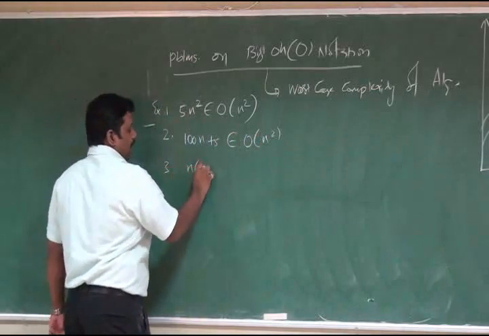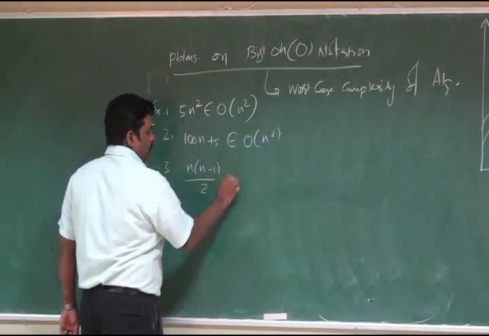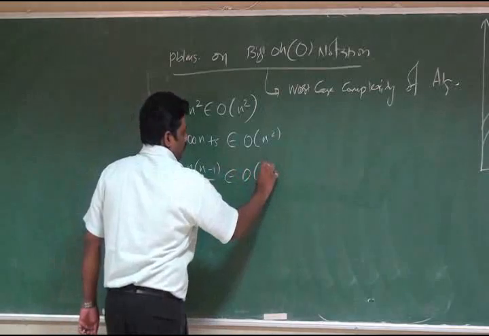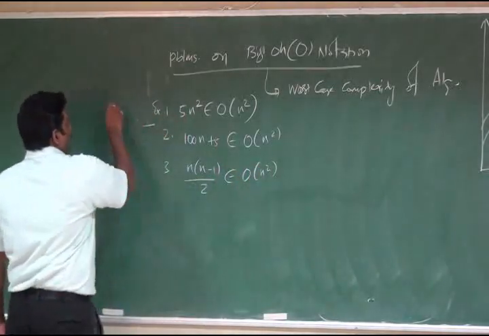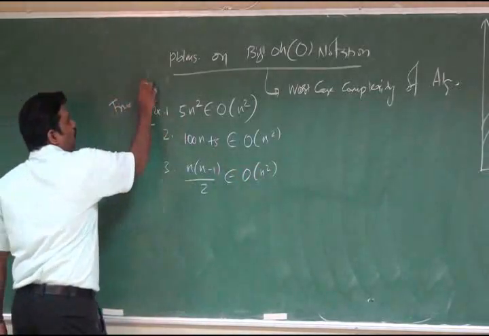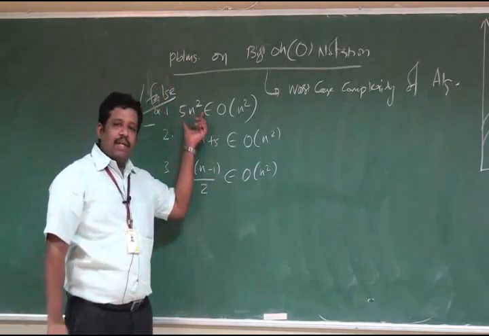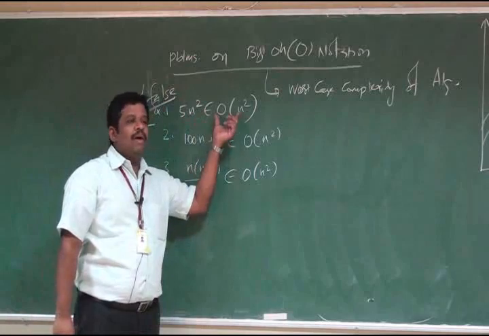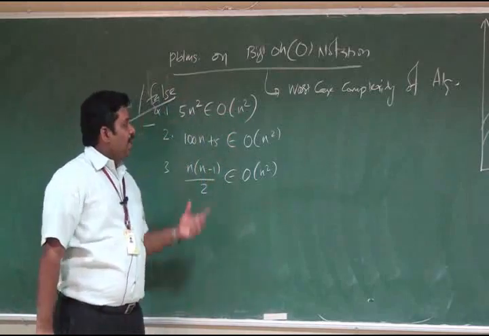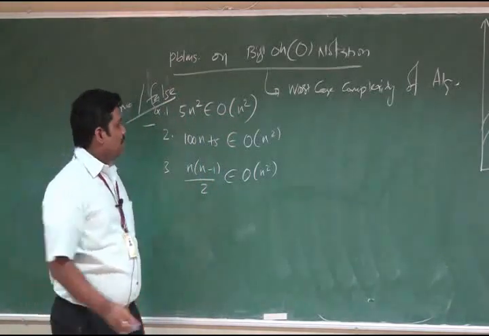And the third one is n into n minus 1 by 2 belongs to big O of n square. We are supposed to say whether it is true or false, whether the given expression falls under the category of big O notation or not. Let's solve this problem one by one.